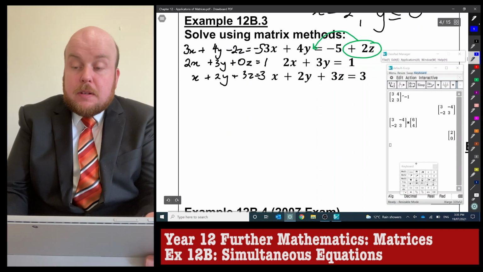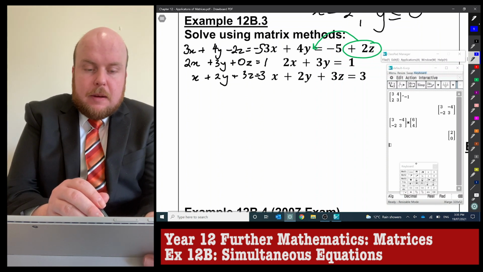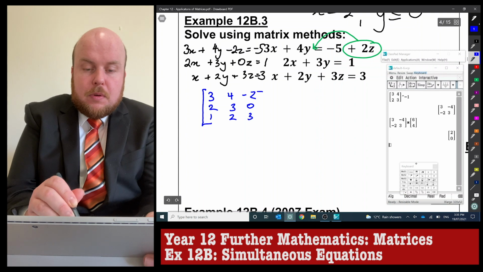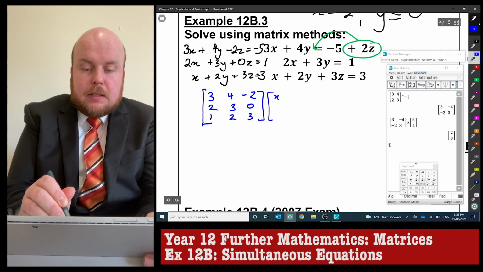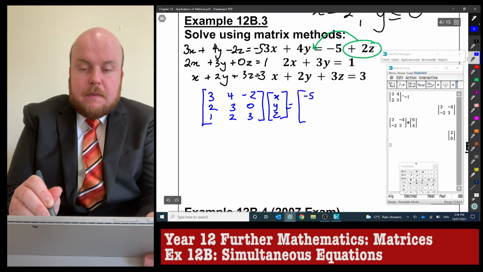So again, we're going to do the inverse of this. So we'll start by writing my first equation, which would be 3, 4, -2, 2, 3, 0, 1, 2, 3. We've got x, y, and z is equal to -5, 1, and 3.